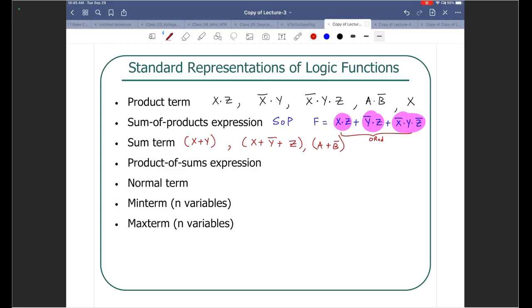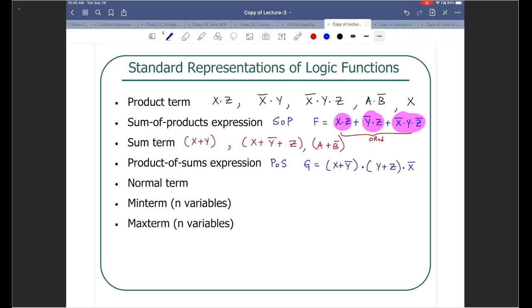Now, the product of sums expression. So let's see, POS. That is an expression in which you AND the sum terms. So for example, let's use another function, g. G equals x or y complement, and y or z, and x complement.